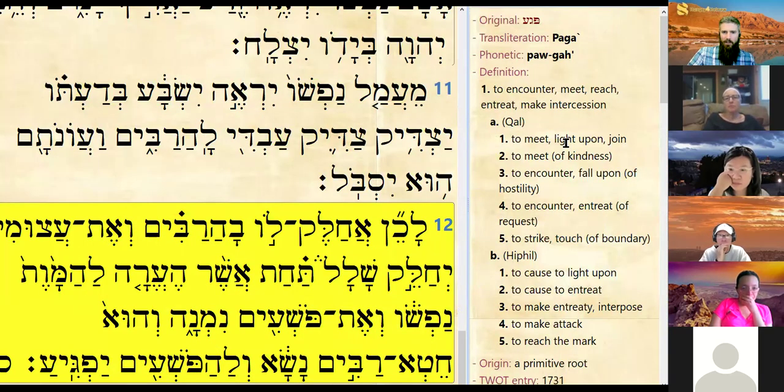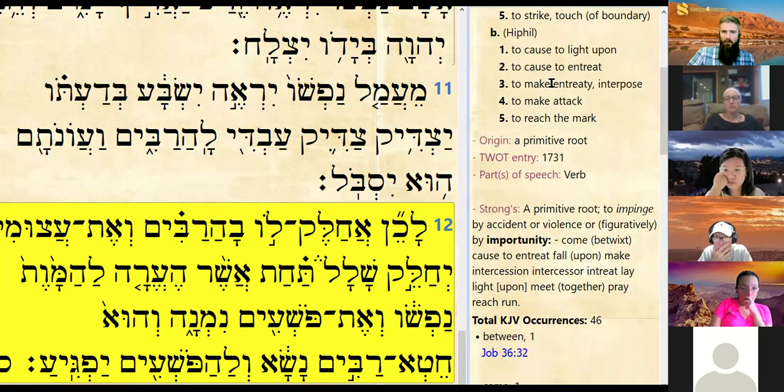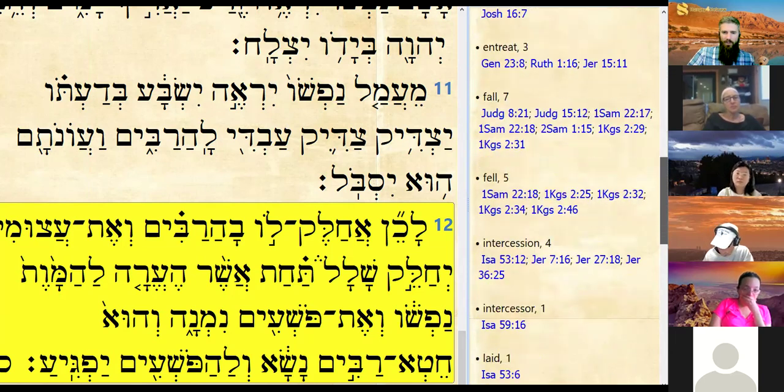In the Kal, it means to meet, join, encounter, fall upon, strike, touch. Okay. But in the he feel, entreat, make attack, to reach the mark. Well, this is he feel, so how are we supposed to translate this, right? What I really want to know is how often the he feel shows up in the Bible.